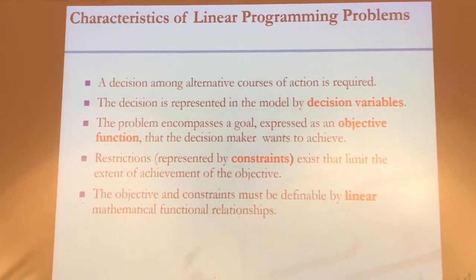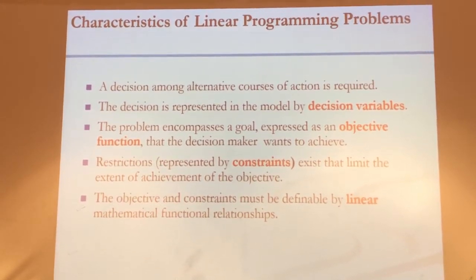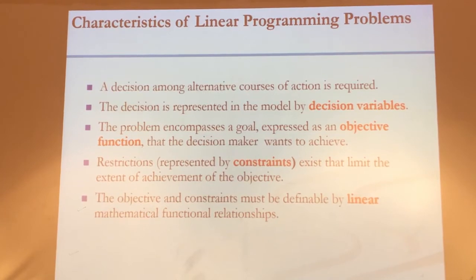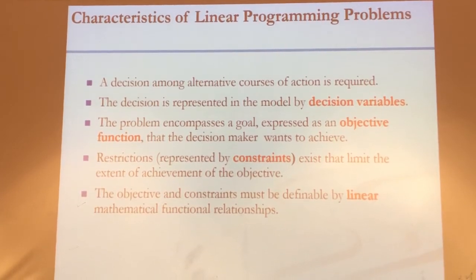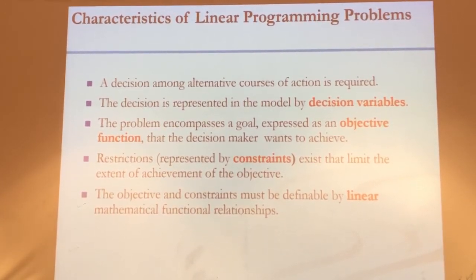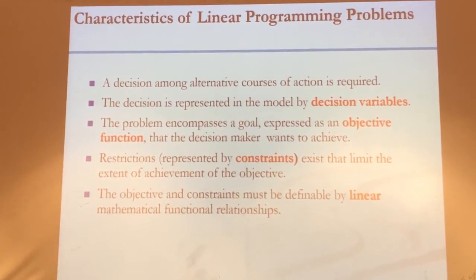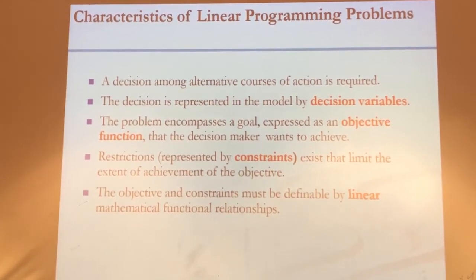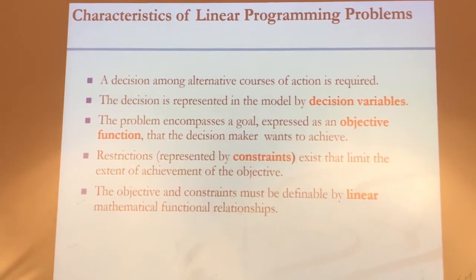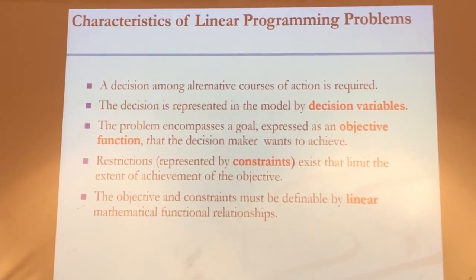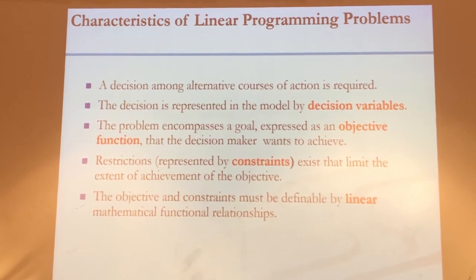Mathematical linear relationships will be there. These are the characteristics of linear programming problems. There will be alternative courses of action, decision variables to decide about, and then objective functions and constraints, and these will all be linear with mathematical linear relationships.